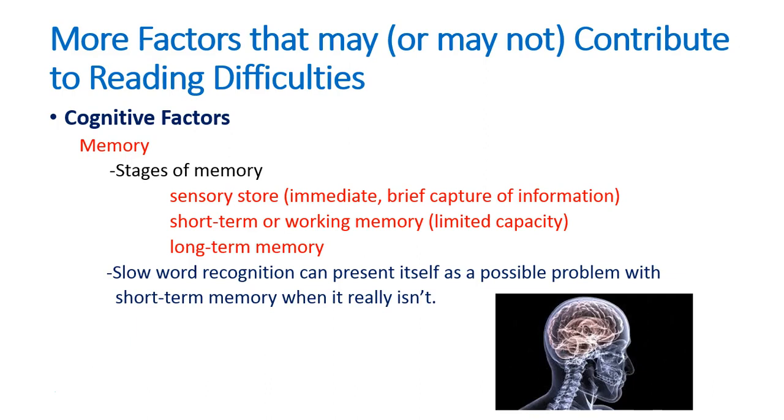Oftentimes we think that children who have trouble reading might have a problem with their short-term or working memory. But what might actually be happening is that the students have so much trouble decoding words that it's taking up too much of that short-term memory, and they don't have enough room left over for the comprehension piece, for figuring out what it was that they read.